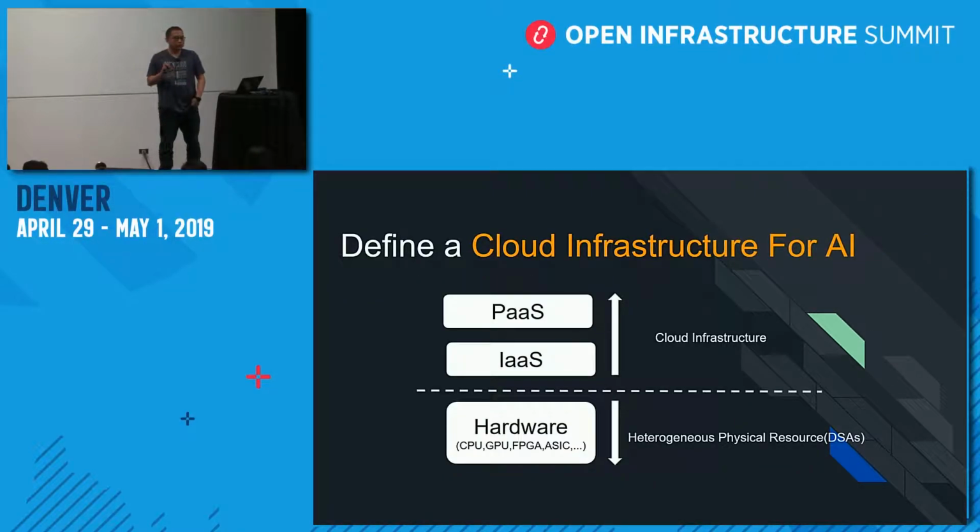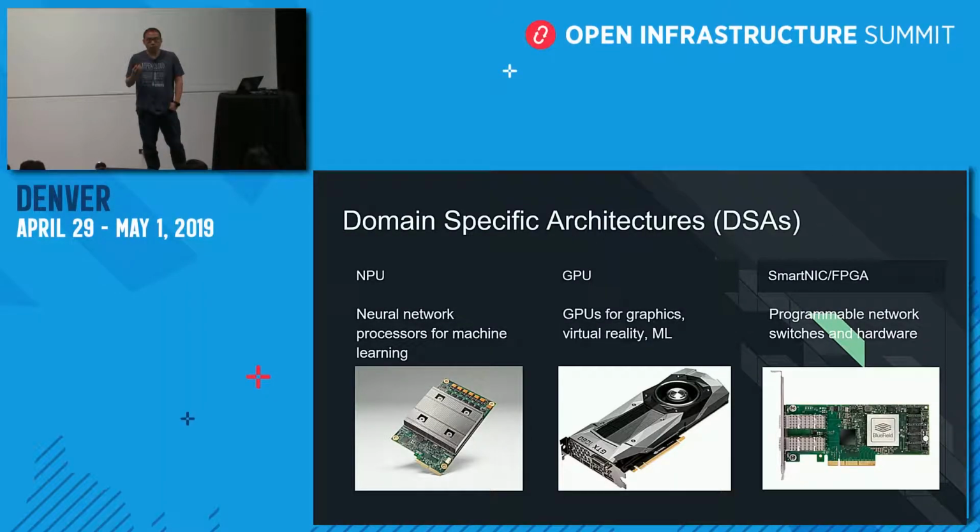Furthermore, on top of the traditional cloud infrastructure consisting of your PaaS and IaaS resources like CPU, memory and the traditional stuff, AI workloads require specialized hardware, which we call domain-specific hardware, or domain-specific architecture hardware, or DSAs. So what is a DSA? This is a term from the computer architecture world.